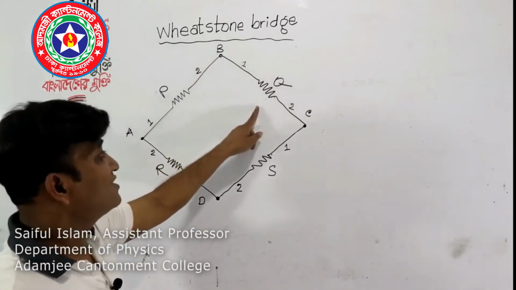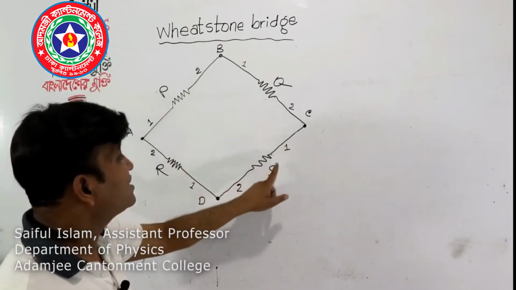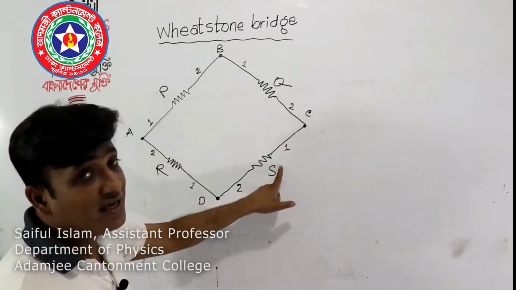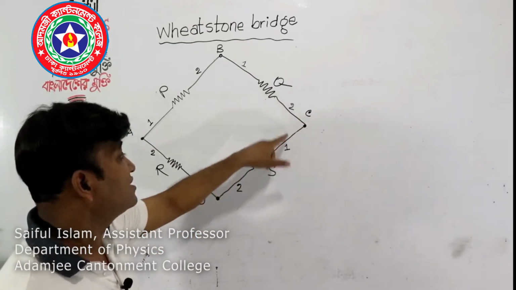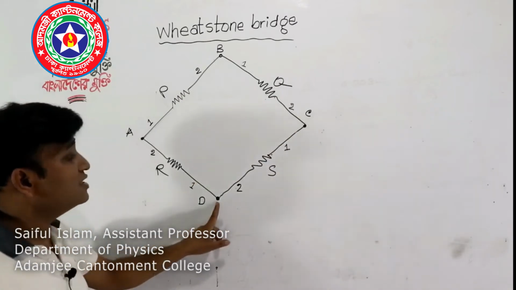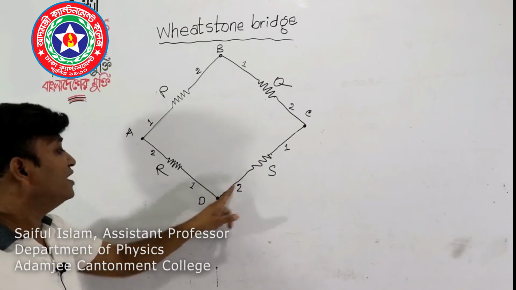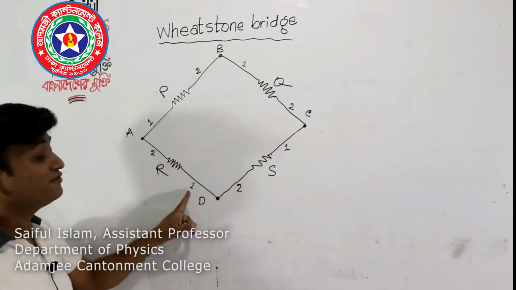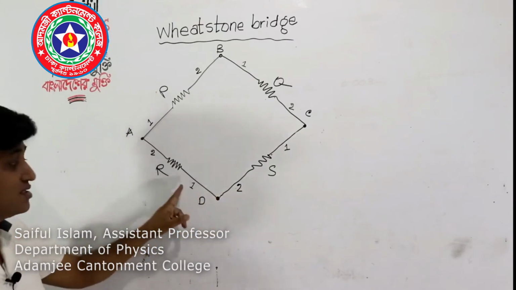P and Q are in series. Similarly, the second leg of Q and the first leg of S are connected at point C. That's why they are in series. Again, at point D, the second leg of S is connected with the first leg of R. That's why they are in series.